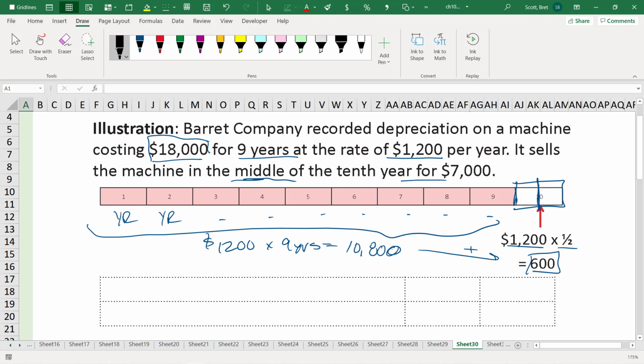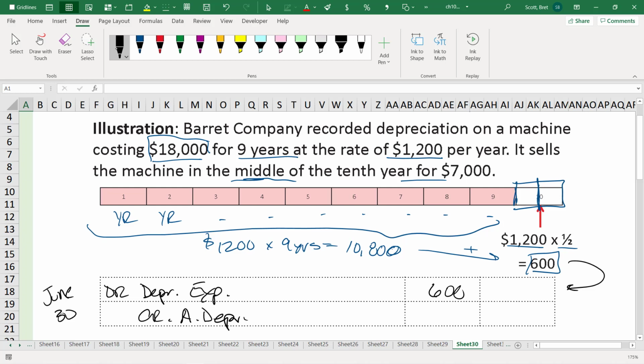So the depreciation journal entry that we have to record, say on June 30th, is a debit to depreciation expense for 600 and a credit to accumulated depreciation for 600.